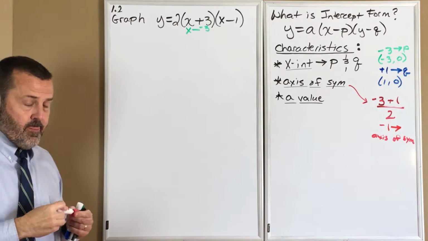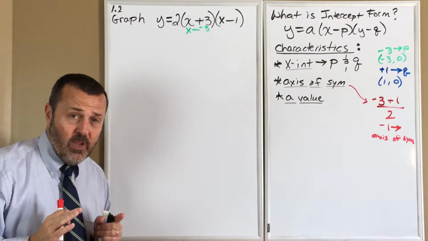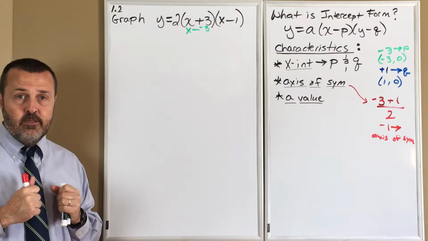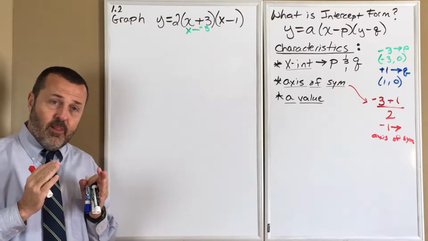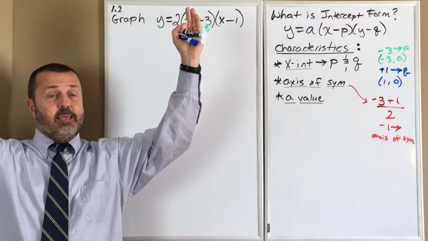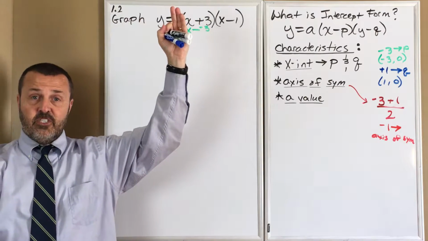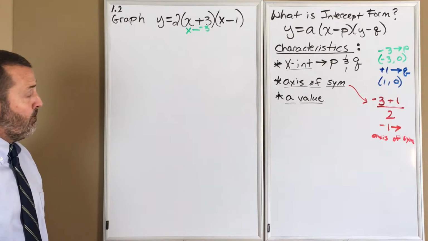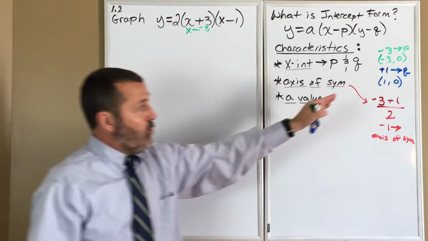All right? Now, from that point, we can actually use it and create our vertex. Because when you think about the parabola, it's positive 2, so it looks like it's going to be going up to me. And then that axis of symmetry will be running through the center of that parabola. All right, so let's do a quick review.